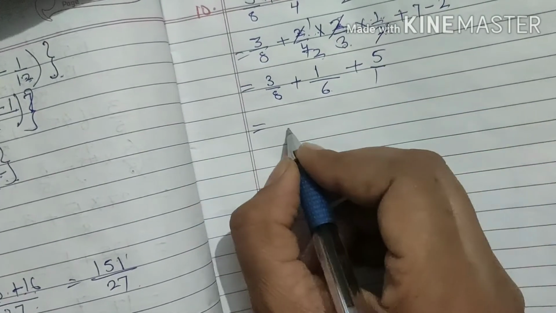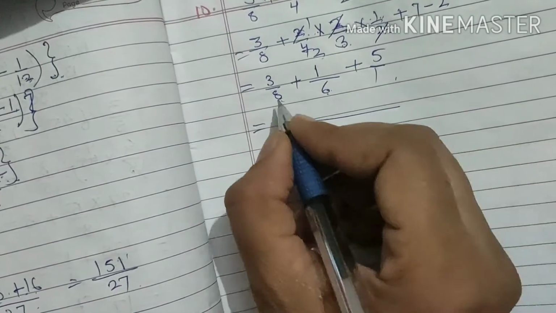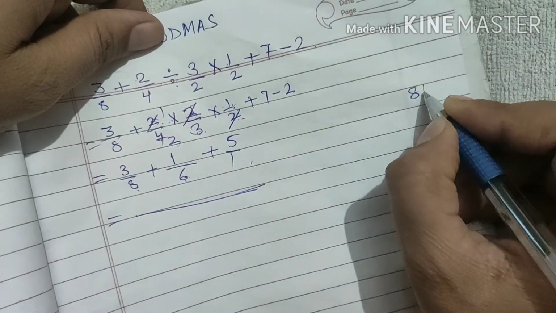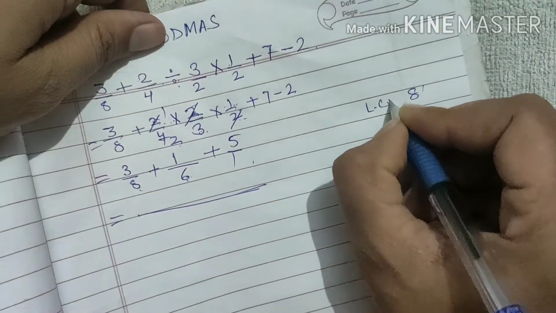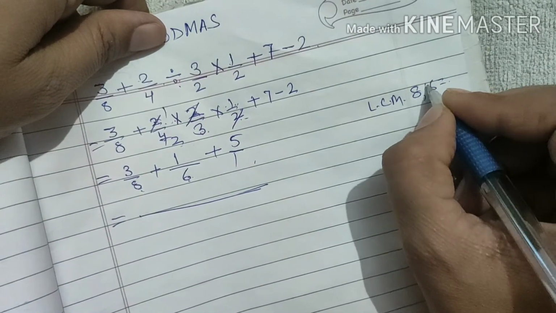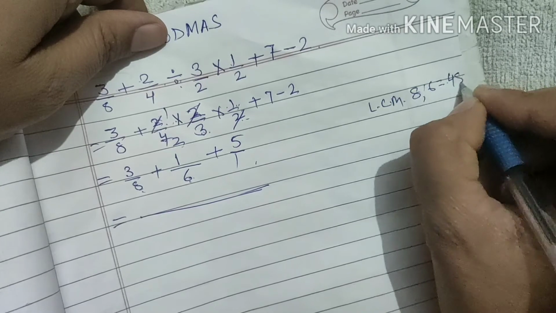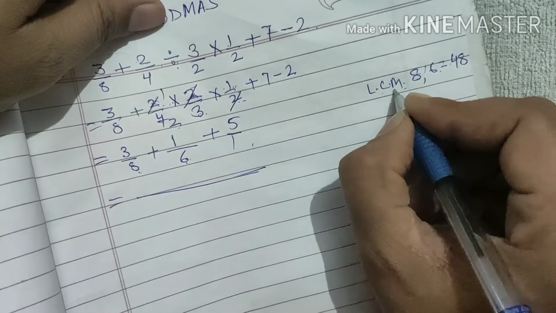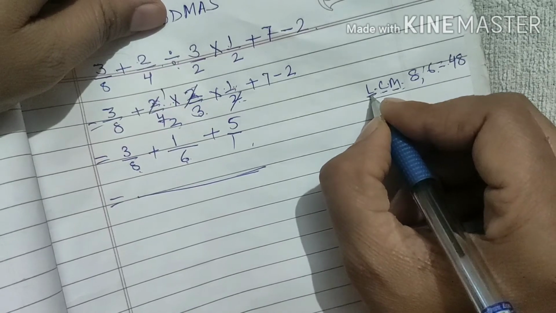Now take the LCM of these three numbers, 8, 6, 1, and 8 and 6. What is the LCM of 8 and 6? Some of the students think that it is 48, the product of 6 and 8. But we can't, because LCM is the least common multiple.